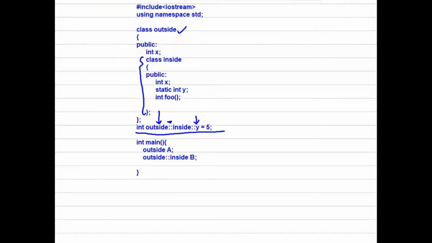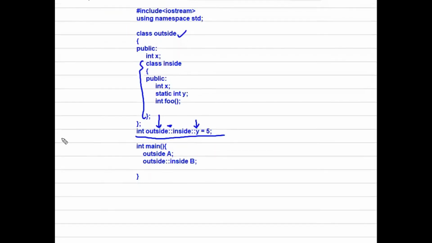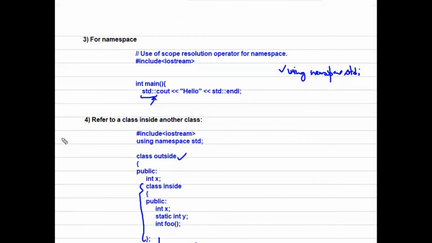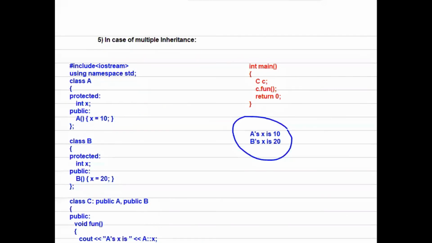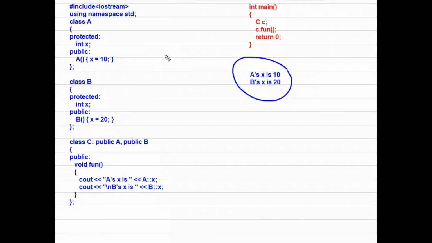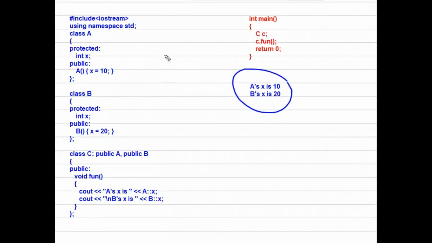The last use of the scope resolution operator, I think, is with multiple inheritance. Let me explain what multiple inheritance is. This is your first class, this is the second class, and class C is inheriting both of these classes.